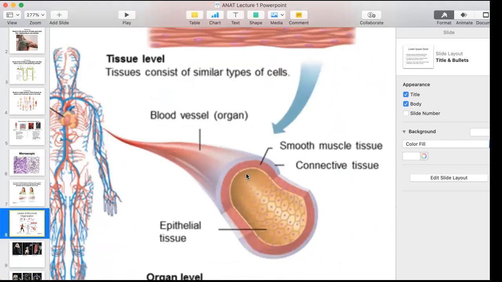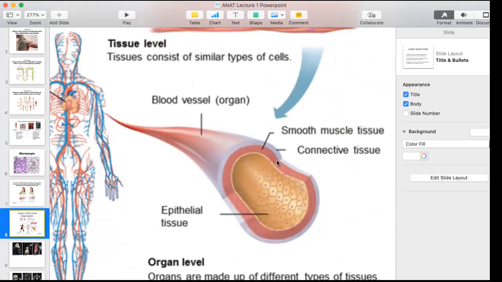So we see here with a blood vessel, we see that there's a layer of smooth muscle in the center. And on the inside, there's a layer of epithelial tissue. And on the outside, there is a layer of connective tissue. So we see that there's different types of tissues that make this functional unit, which controls blood flow throughout the body.